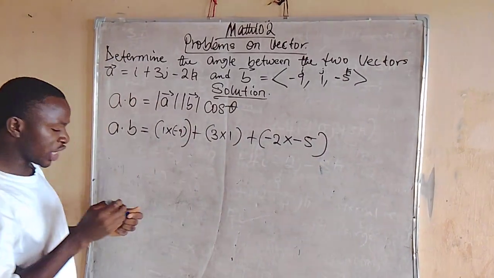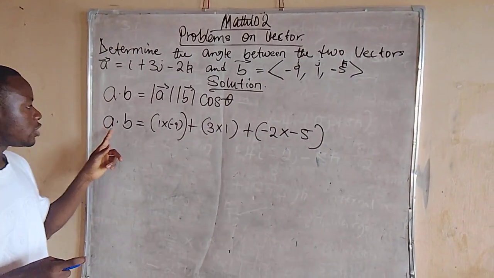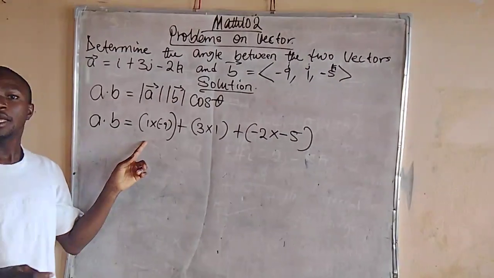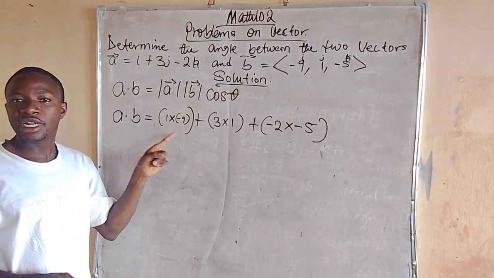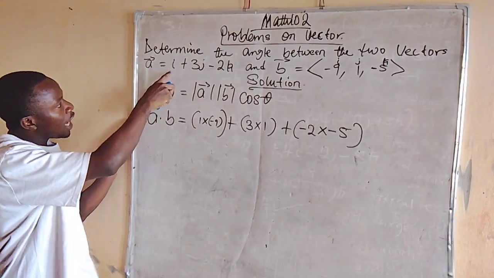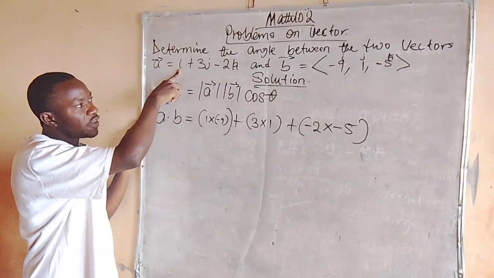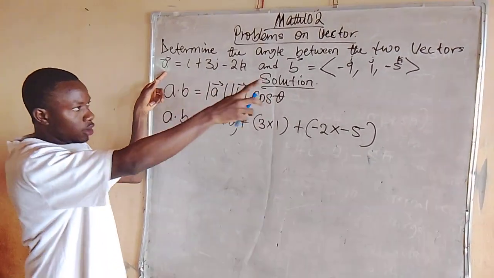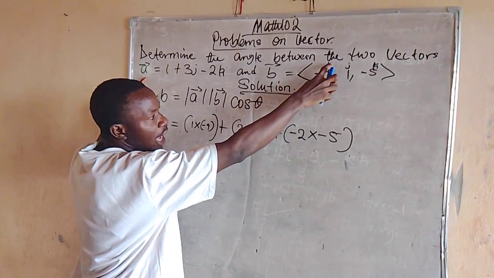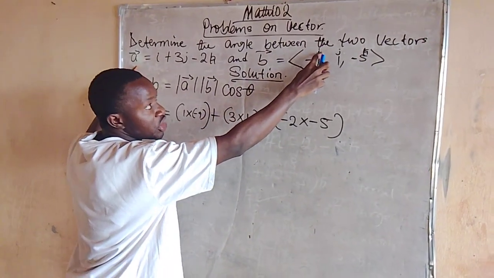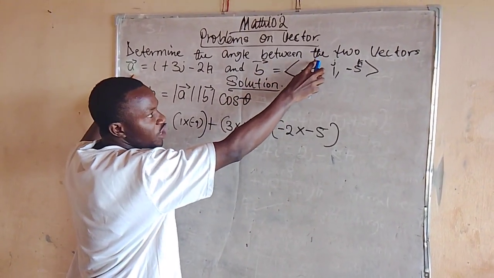I'm going to recap again. When you are multiplying vectors, you multiply the components that have similar unit vectors. That is, we have this i as a unit vector for vector A, and on vector B we have minus 9 as the coefficient of the unit vector i.